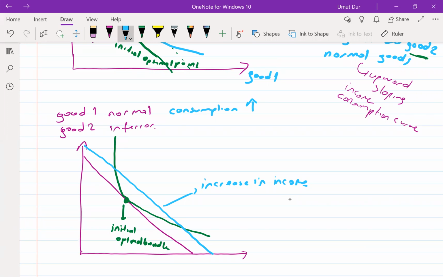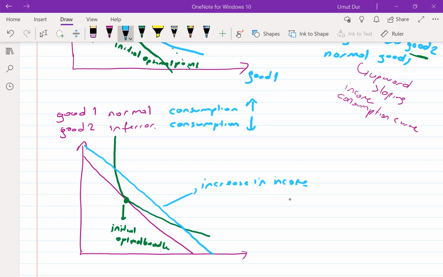Ses gelmiyor. Görebiliyor diye assume ediyoruz. What about my consumption for good two? Since it is inferior, the effect of the increase in income will be in the opposite direction. So it will decrease.